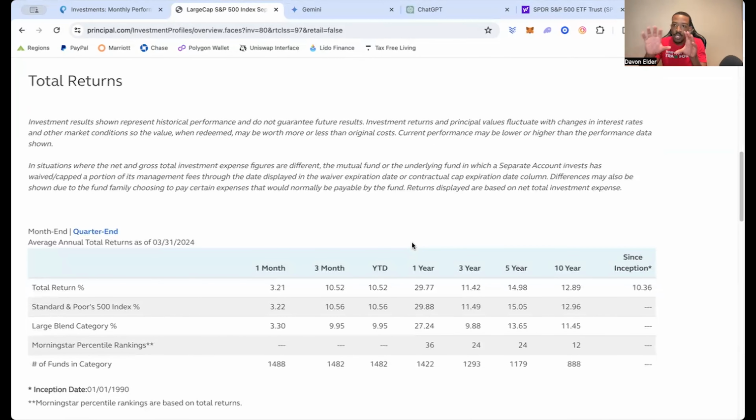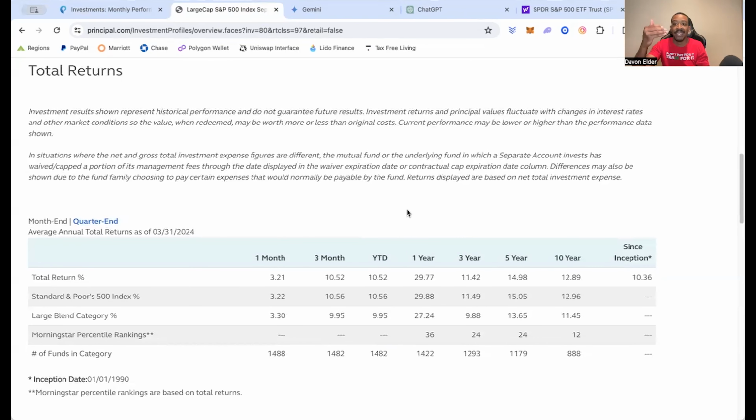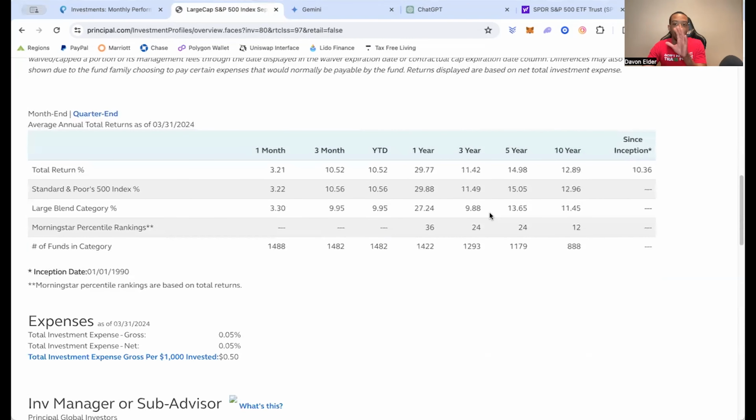Now, you have to be able to stay in this for the long term, over a long period of time, while you're investing in your 401k, reinvesting, and being able to take advantage of compound interest. If we look at the total return for this particular S&P 500 fund, it's different for all of them, but they're about the same.